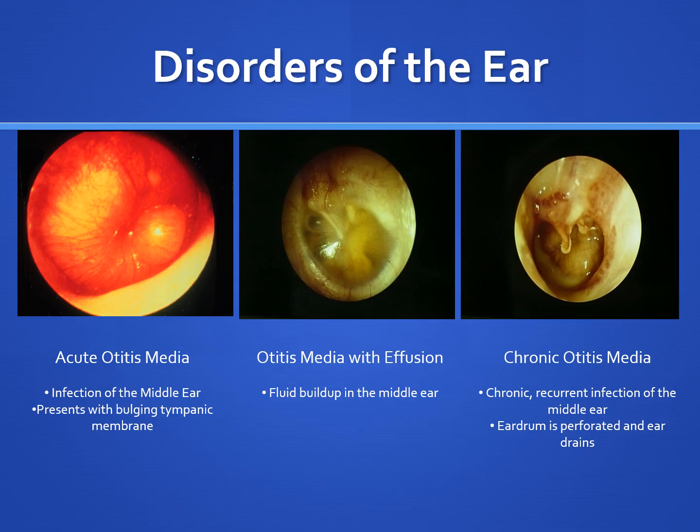Then chronic otitis media is a long-term or recurrent infection. What we'll see is a perforated tympanic membrane, drainage, and a thickened or scarred tympanic membrane, and patients would report recurrent infections, hearing loss, and persistent drainage. The clinical concern here is a risk for hearing impairment and complications if it is untreated.